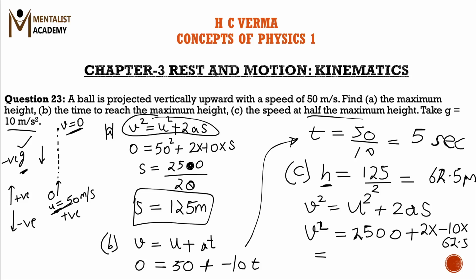So this would be 62.5 into 10 would be 625 into 2 would be equal to 1250, and adding to this it would become 3800. V square would come out to be 3800.